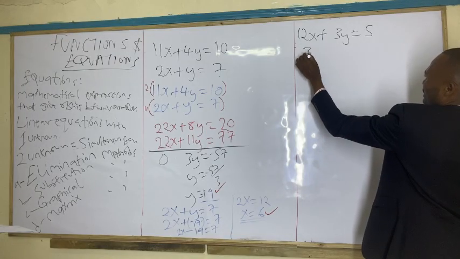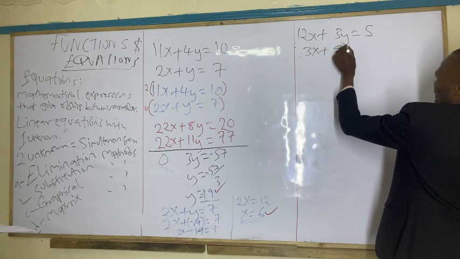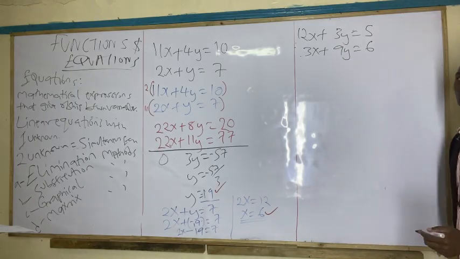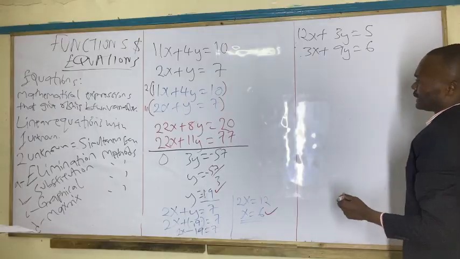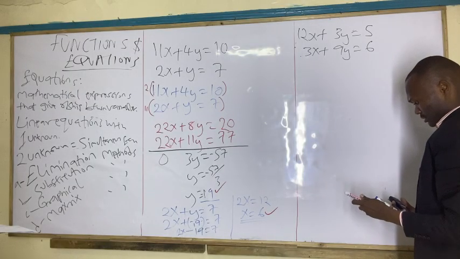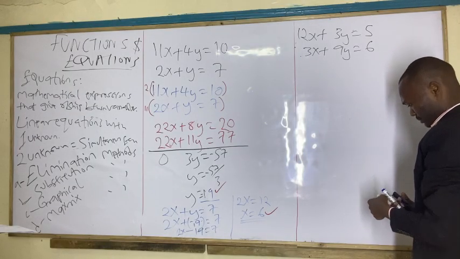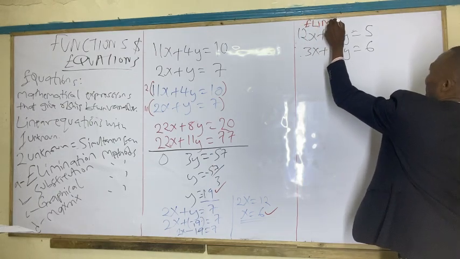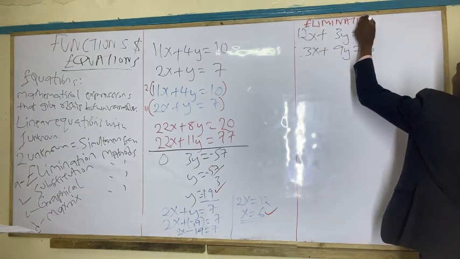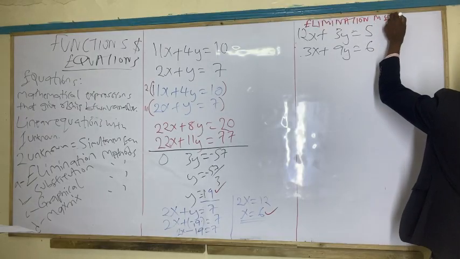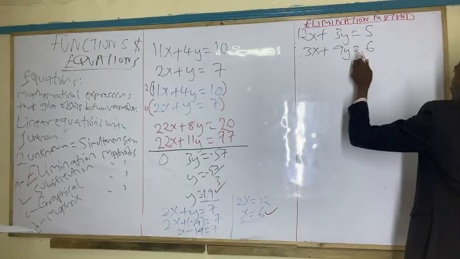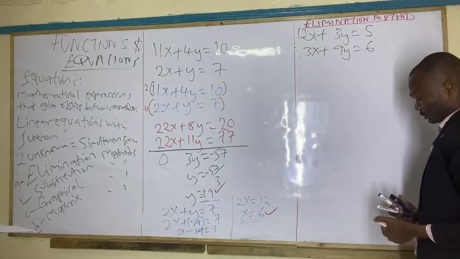So you can say 3x plus 9y is equals to 6. So find x and y using elimination method. Solve using elimination method.